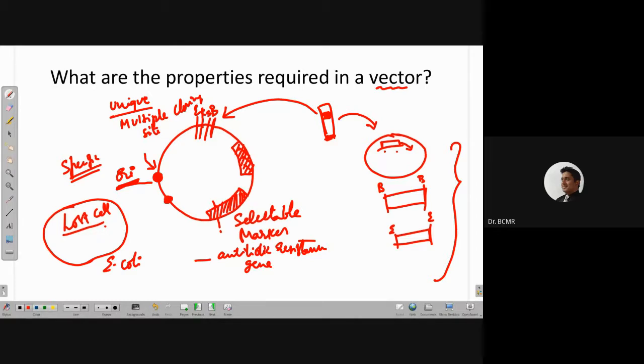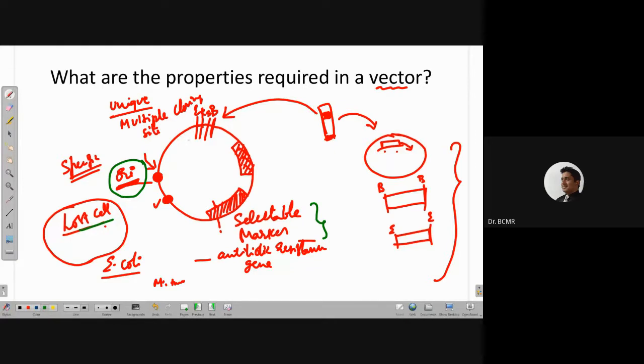So if I want a vector that can be replicated in E. coli, but also replicated in, say, for example, Mycobacterium tuberculosis, then it should have two different origins of replication.